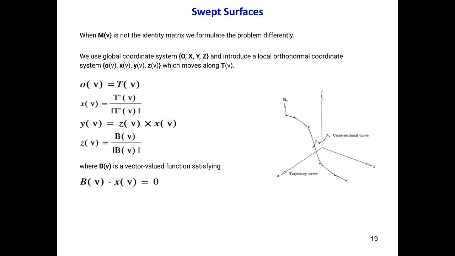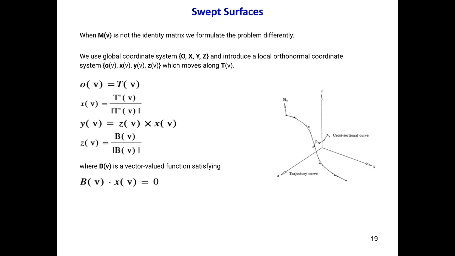It no longer is an analytical solution with an equation that we can solve. It's an algorithmic process, a numerical method to solve this, to construct this swept surface now.